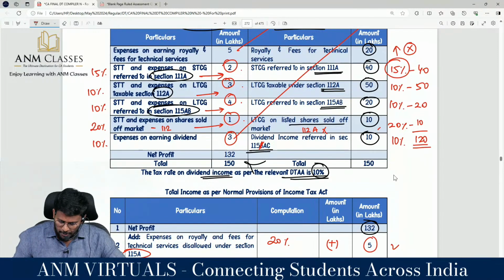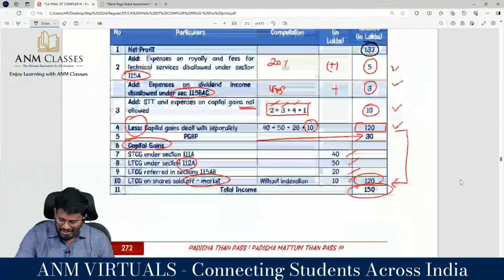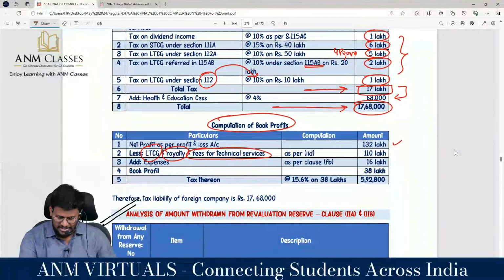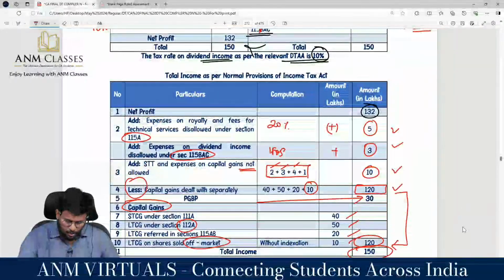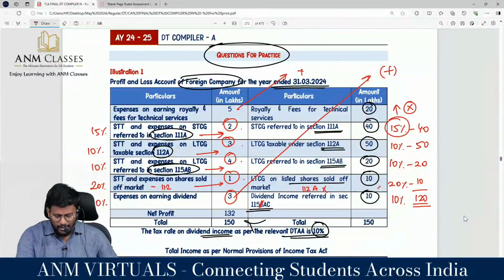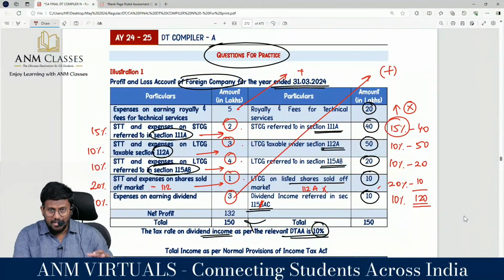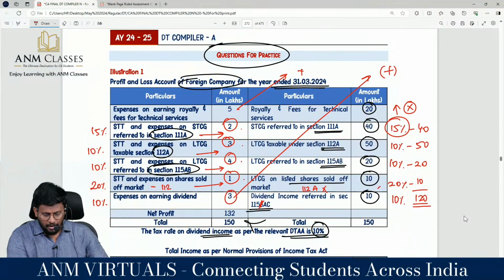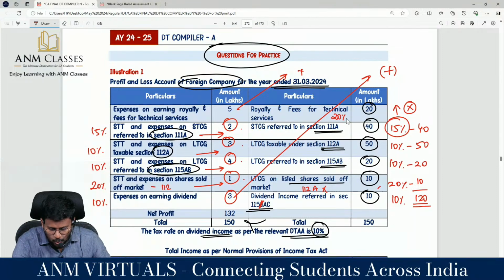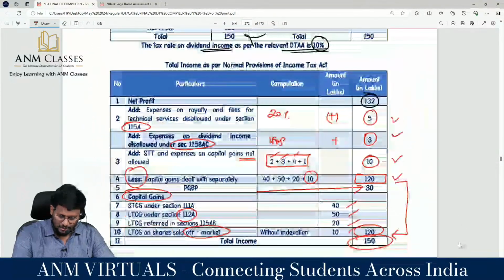Sir, 115AB is 20 lakhs, LTCG or 10 lakhs, total 80 lakhs worth. Plus you are having, sir, royalty and fees for technical services. That royalty and fees for technical services come to 20 lakhs. Now we can't remove that 20 lakhs. The reason or the logic is, now it is taxing at 20%, which is more than the MAT rate.